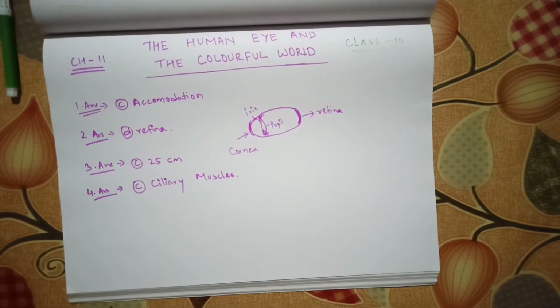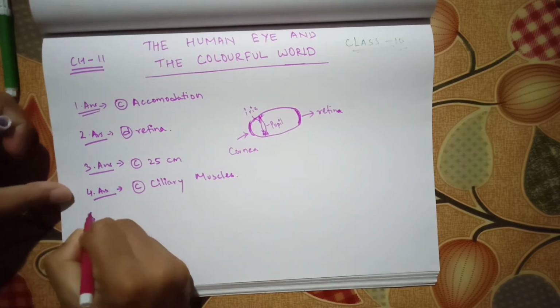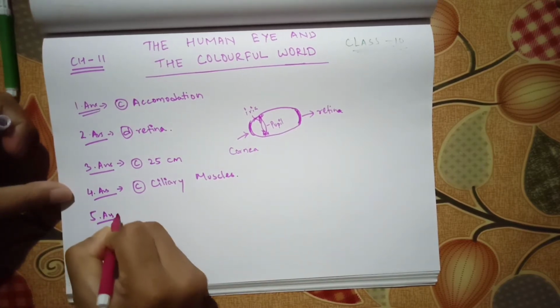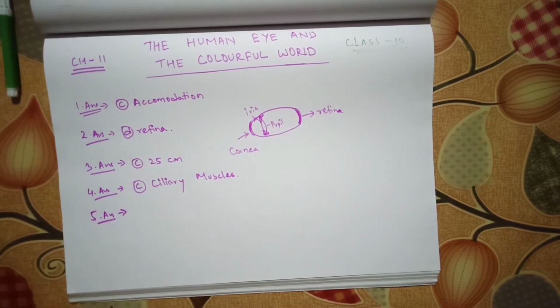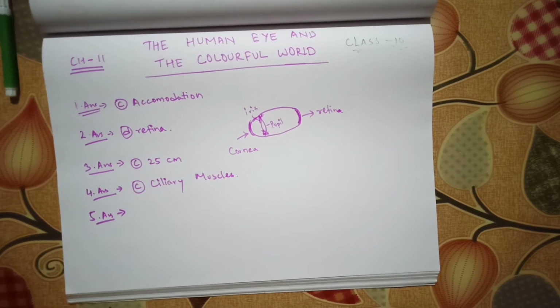Now question number 5. It is asked about a person who needs a lens of power minus 5.5 diopter. Diopter is the SI unit of power. This is for correcting his distant vision.